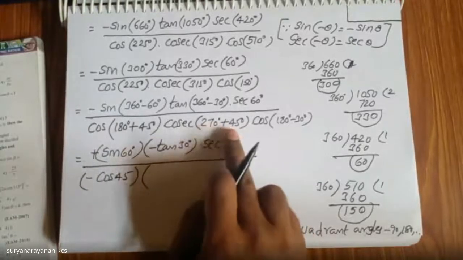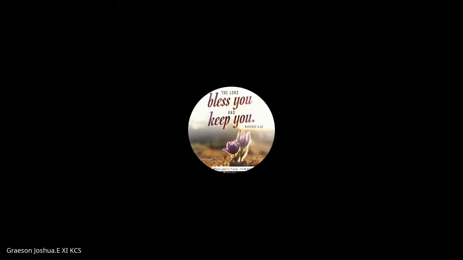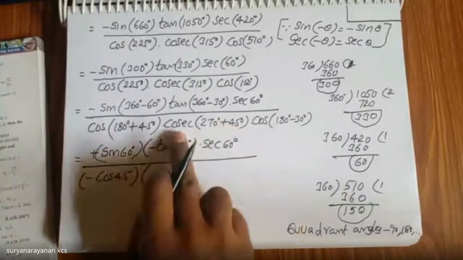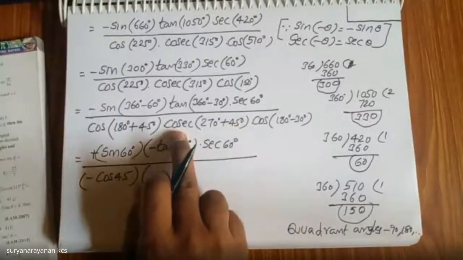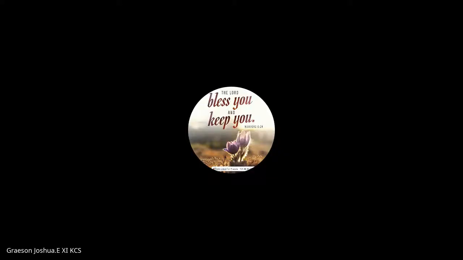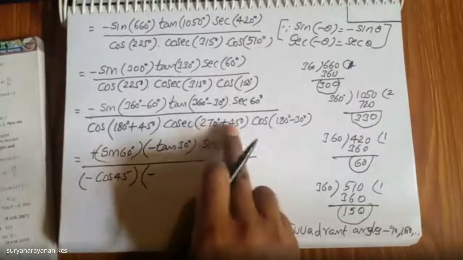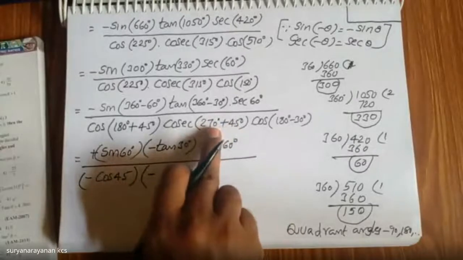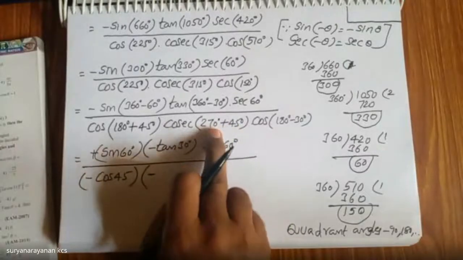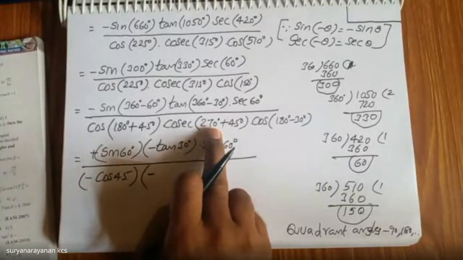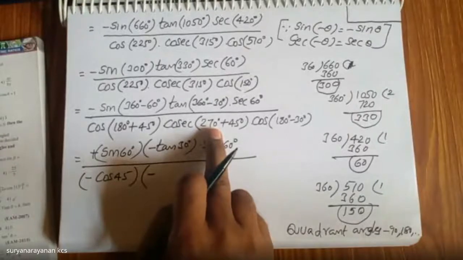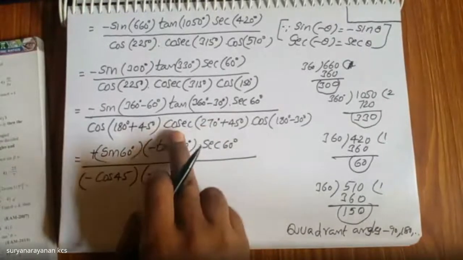In which quadrant does this angle lie? Fourth quadrant, sir. In the fourth quadrant, is cosecant positive or negative? Negative, sir. So we keep negative. But here this angle is written with a combination of 270 degrees. When the angle is written as a combination of 270 or 90 degrees, the trigonometric ratio changes.